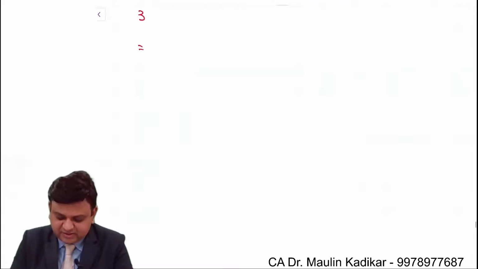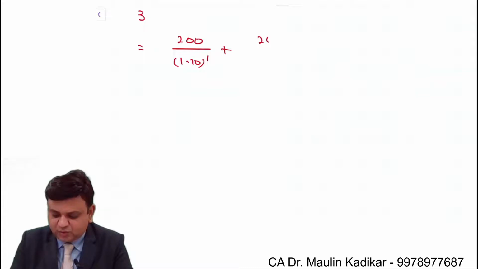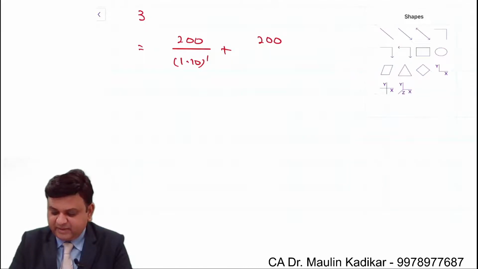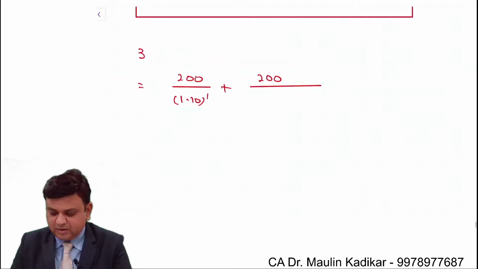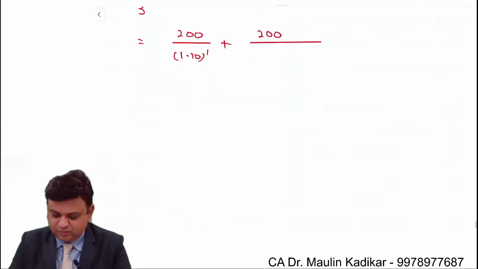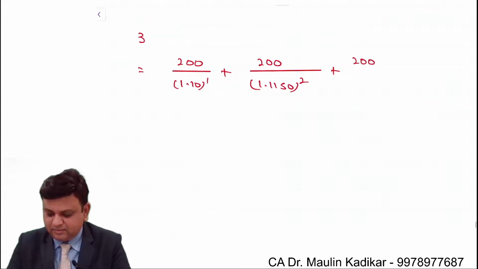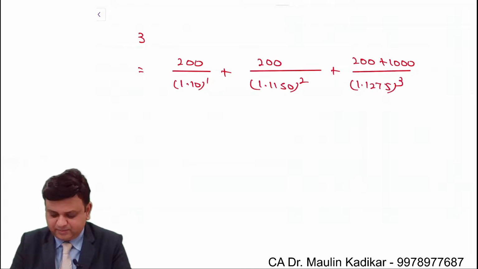The present value is 200 divided by 1.10 raised to 1. Again it is 200 divided by 1.1150 raised to 2. Then it is 200 plus 1000, that is 1200, divided by 1.1275 raised to 3.